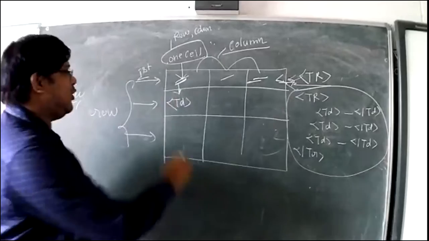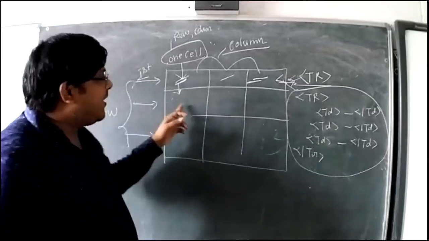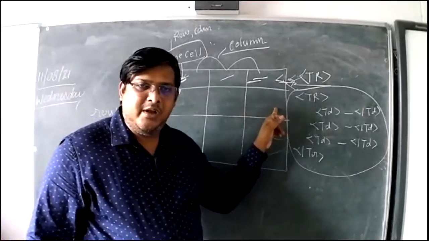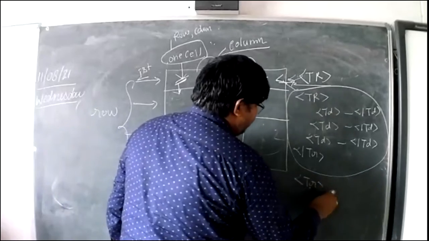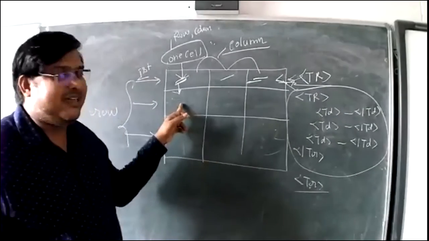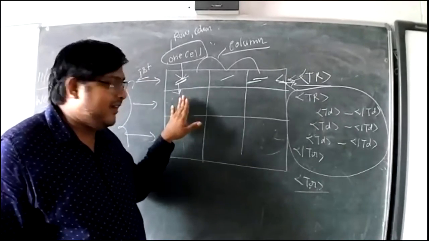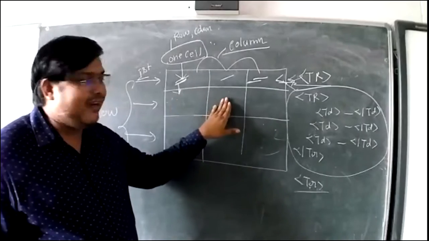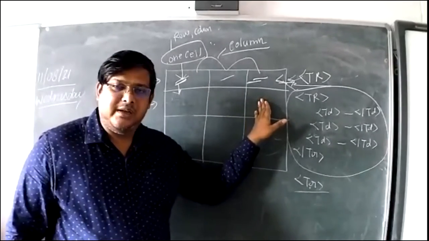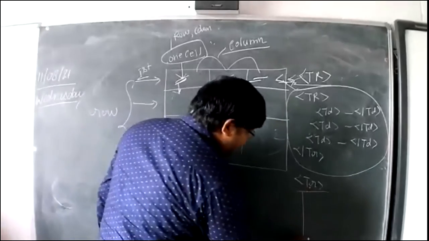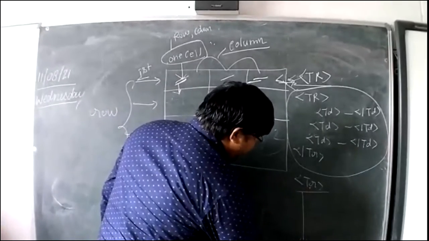Again for the second row, we have the same number of cells. So again we will open the TR, and again how many times will TD work? 3 times. TD for this cell, TD for that cell, and TD for the last cell. Then we will close the TR.